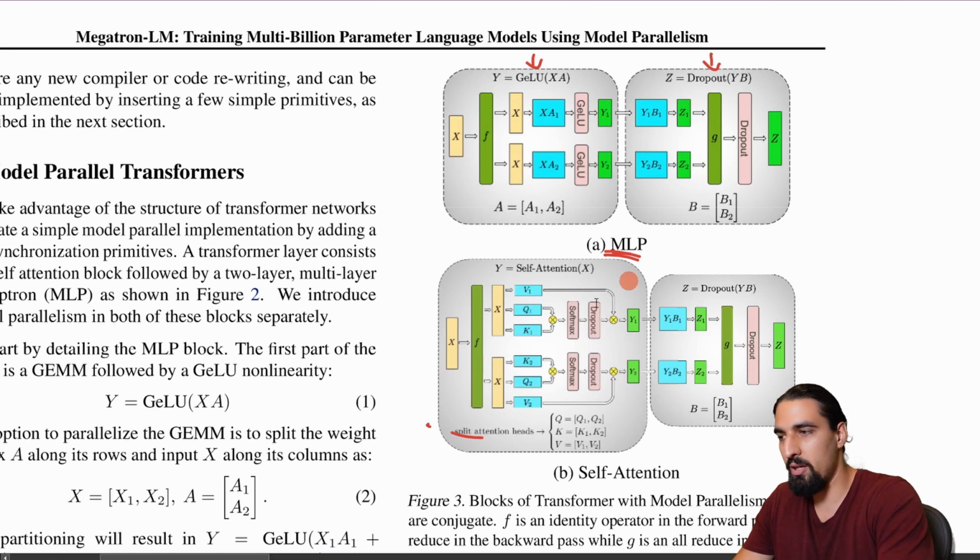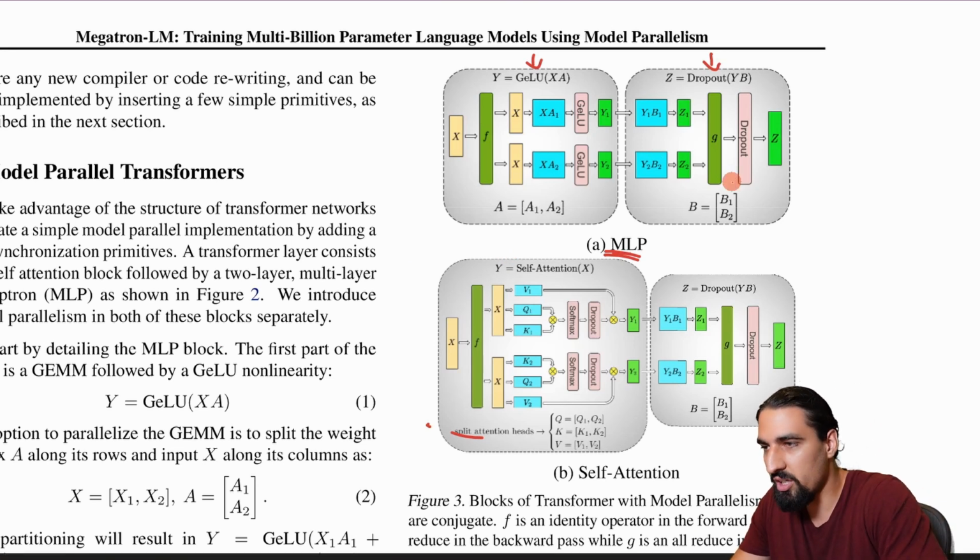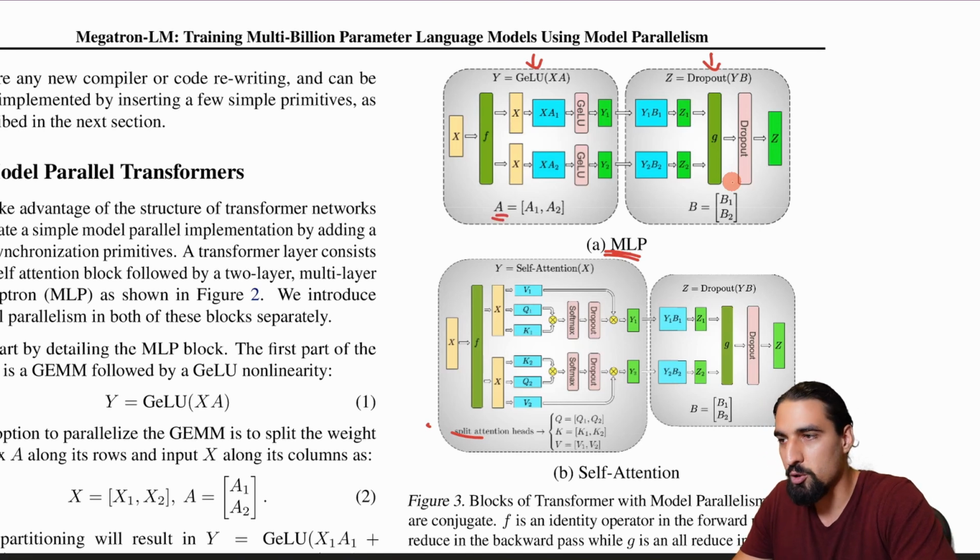But let me go into the formulas. I'm going to slowly understand how this works. But first, on the high level, what happens here is that you take the weights of this linear layer, you split them column-wise, and you keep A2 on one device, and you keep A1 on the second device.